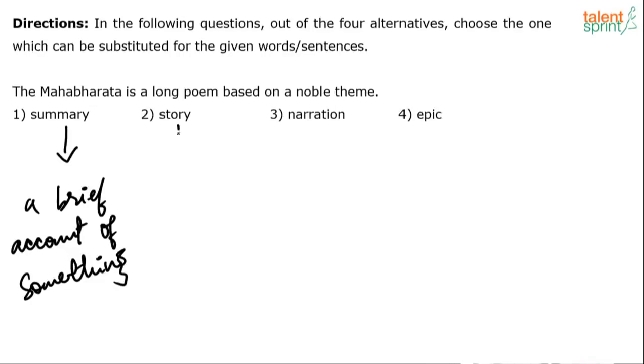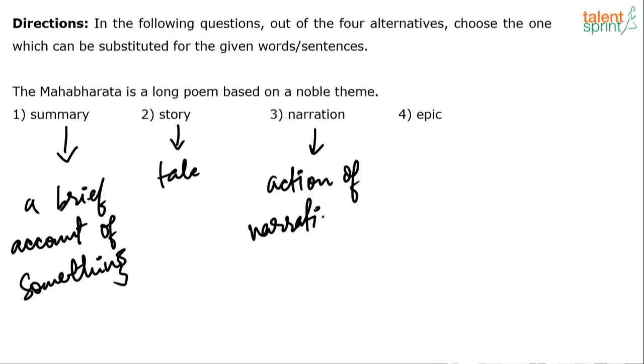Now, a lot of us think that we know the meaning of the word story because it is a very common word. But what does it actually mean? Story is just a tale. Yes. What is narration? Narration is the action of narrating a story.